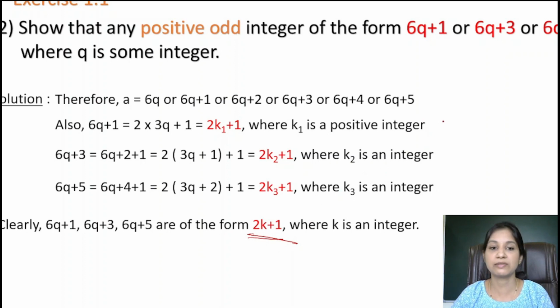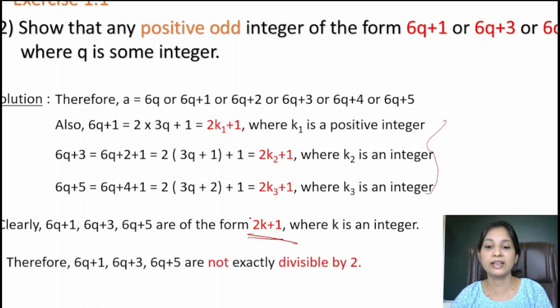See, you are observing these 3 cases. You represented 6q plus 1, 6q plus 3 and 6q plus 5 in the form 2k plus 1, where k is an integer. Hence it is not divisible by 2. Do you agree? Yes, because k is some integer, multiplying by 2 gives an even number, but if you add 1 to that even number, you get an odd number.